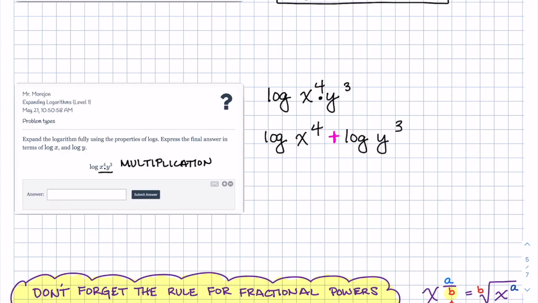And then we look again for any additional properties. I see a power both here and here. So I'm going to bring that to the front. That's the power rule. So I can write this as 4 log of x plus 3 log of y.